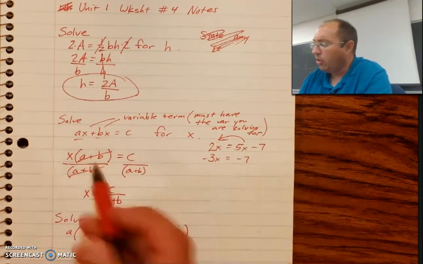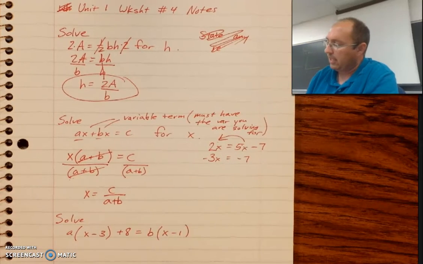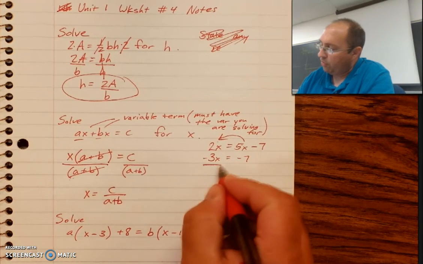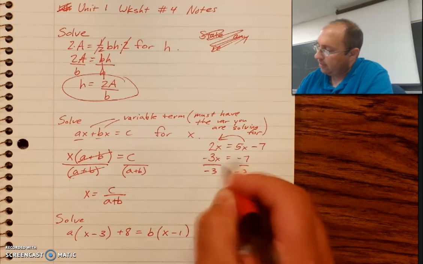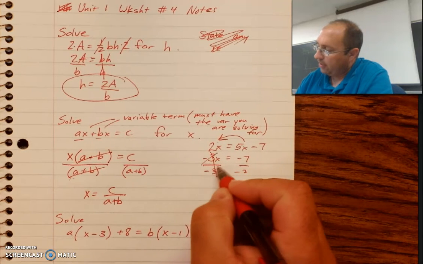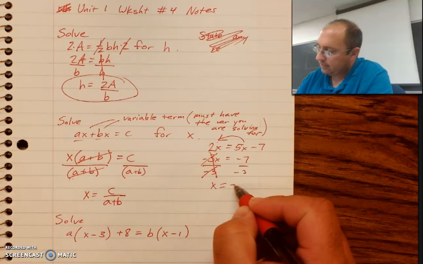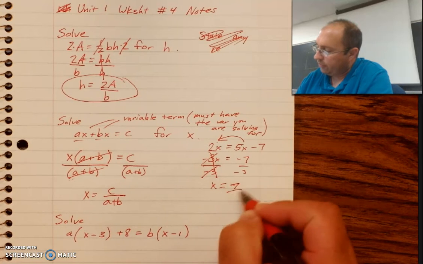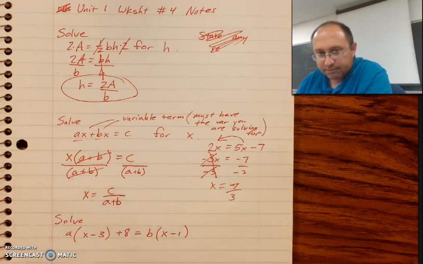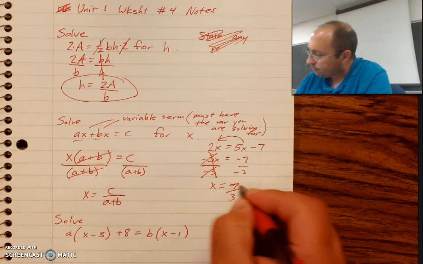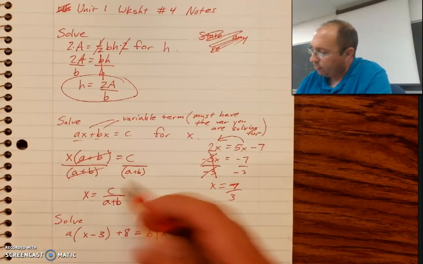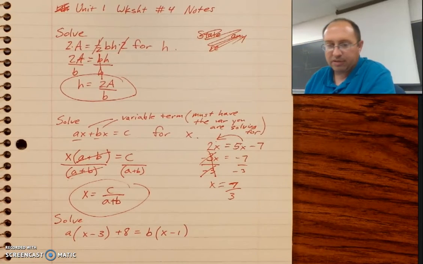That's not true. The quantity a plus b is canceling out. Just like if you were over here and you divided by negative 3, the negative 3 and the negative 3 are disappearing right there, leaving me with just x equals 7/3 because the negatives cancel. But anyway, so you're dividing by a quantity a plus b.